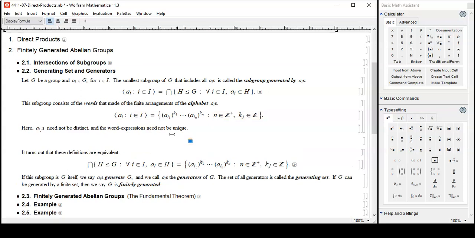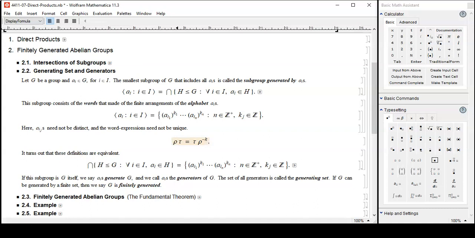For example, do you remember the dihedral group? Something like that.